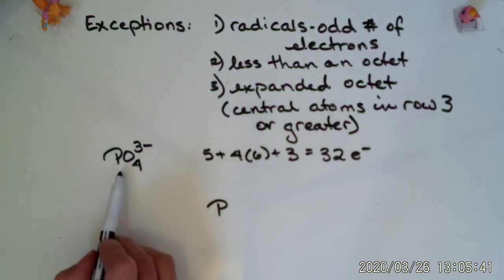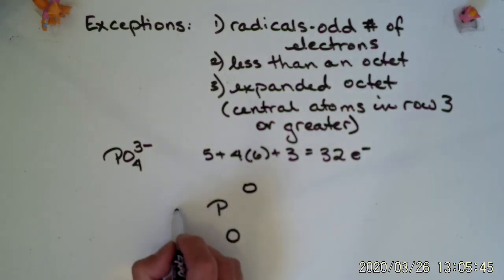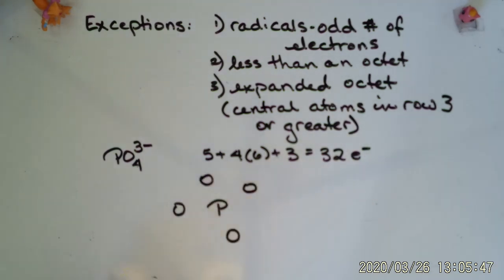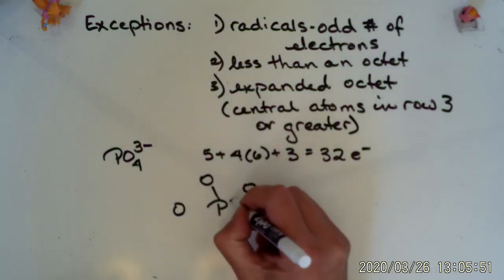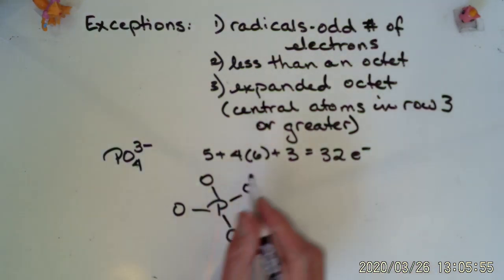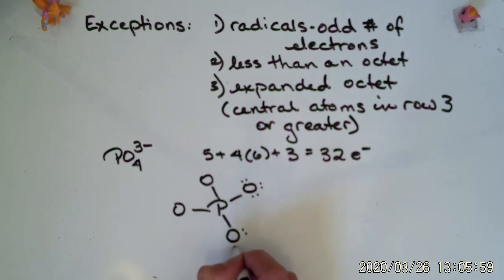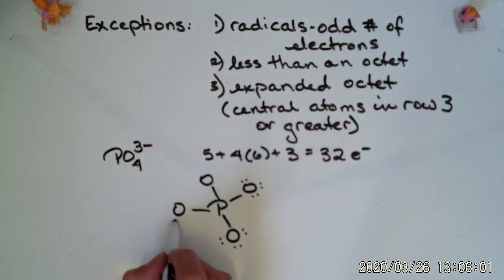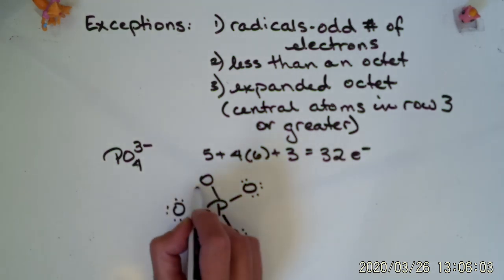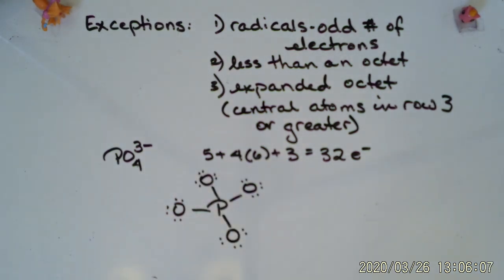I'm going to surround it by my other atoms: 2, 3, 4. Draw my single bonds: 2, 3, 4. That's 8, so that gives me 24 left. So you're going to put them here. Now I have my 32.